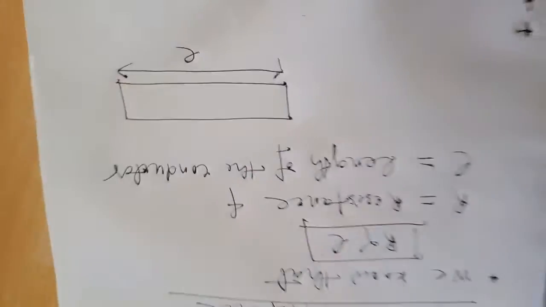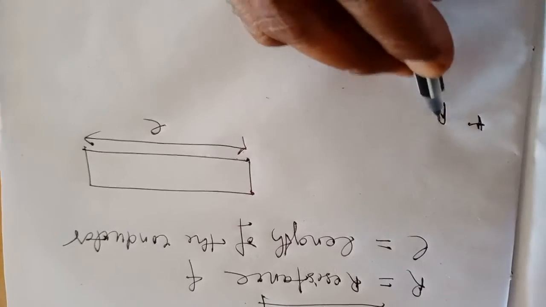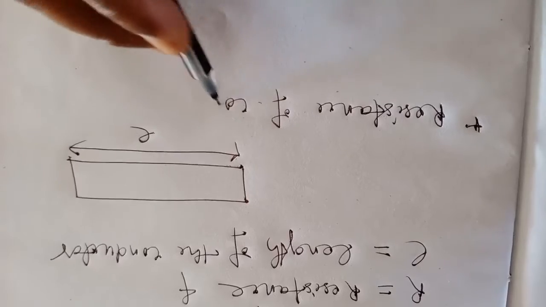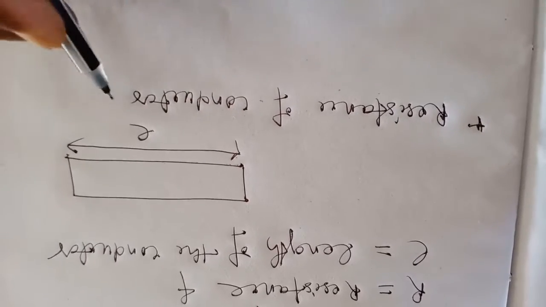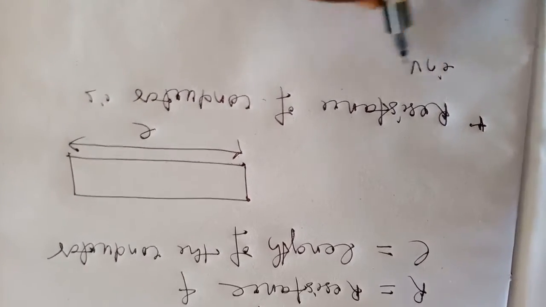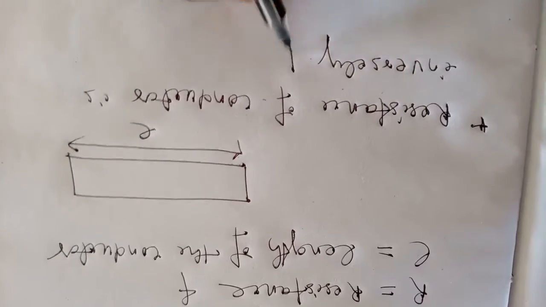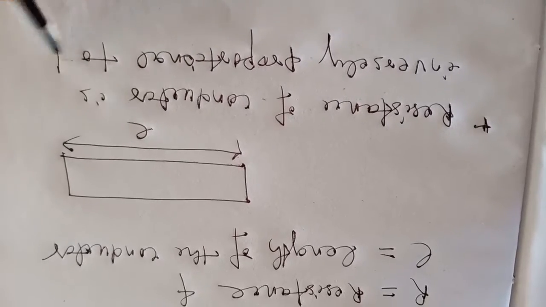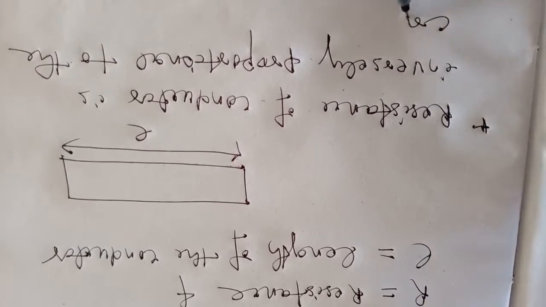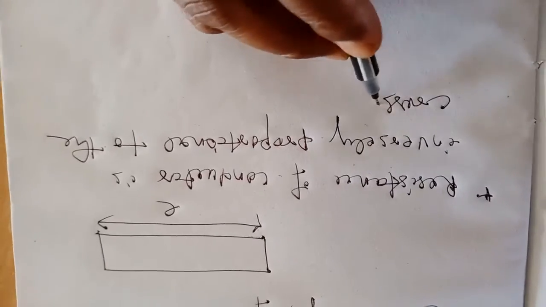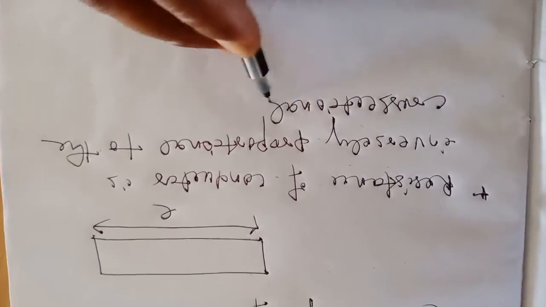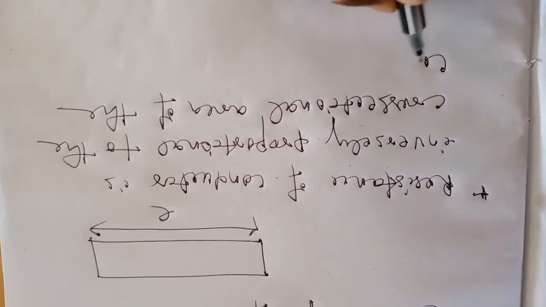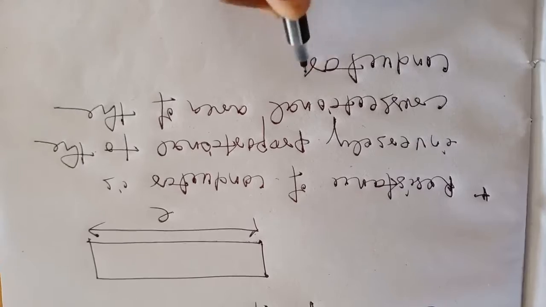Similarly, the resistance of the conductor is inversely proportional to the cross-sectional area of the conductor.